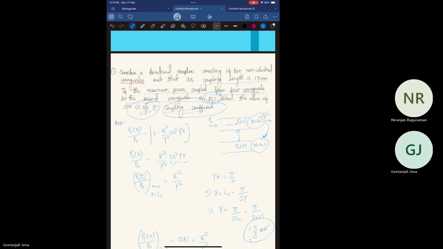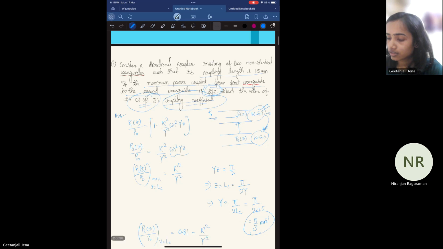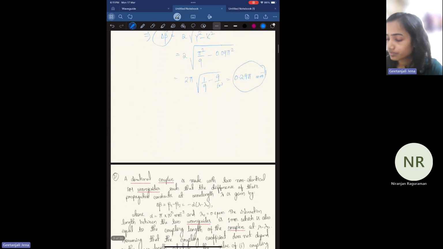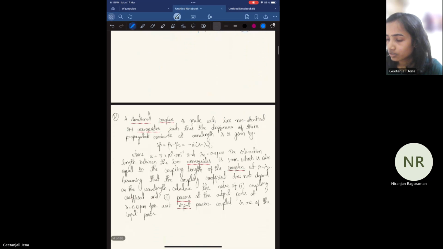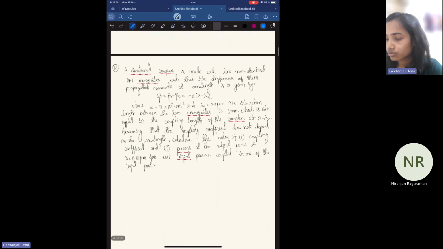Next question. The question may seem lengthy, but if you go through all the instructions that are given, then you can calculate it.